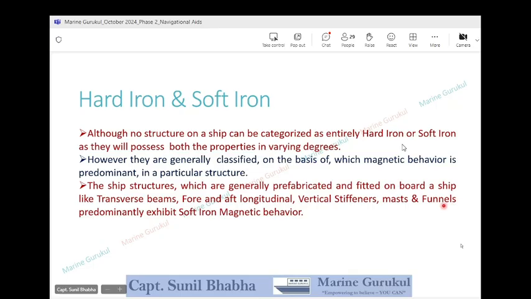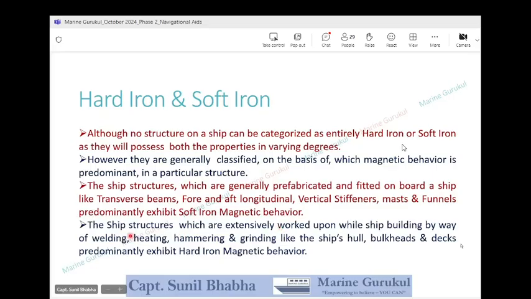If you see a ship being built in the yard, you will see that all these structures are prefabricated. They are picked up by a crane, brought to the place where the ship is being constructed, held in place and welded there. So these prefabricated materials predominantly exhibit soft iron magnetic behavior.